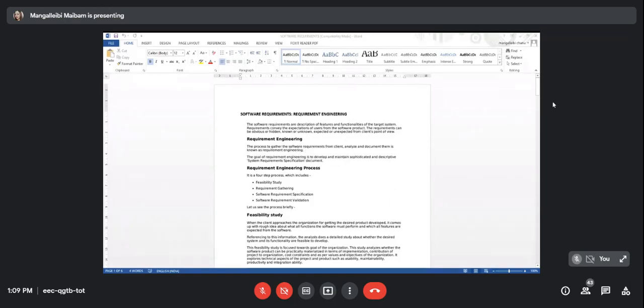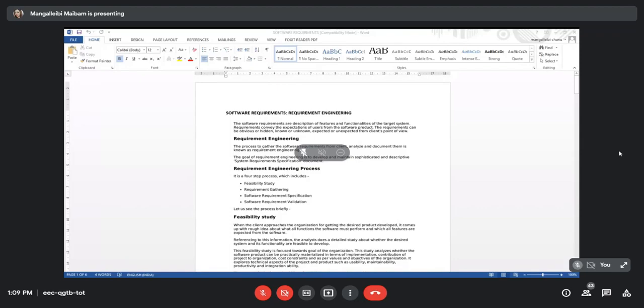In the chapter on modeling, we have software requirements, then software requirements specification, then UML and DFD.